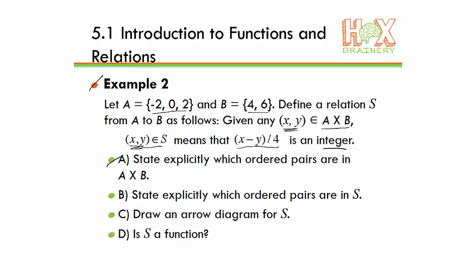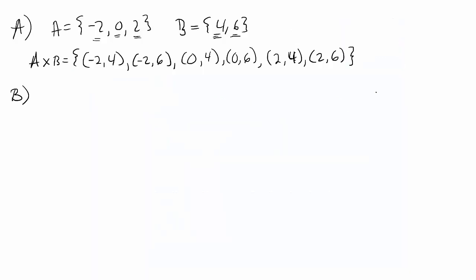Now for part B, we're going to state explicitly which ordered pairs are in S. So this is the condition that has to be met in order for the ordered pair to be in the relation S: (x - y) divided by 4 has to be an integer.